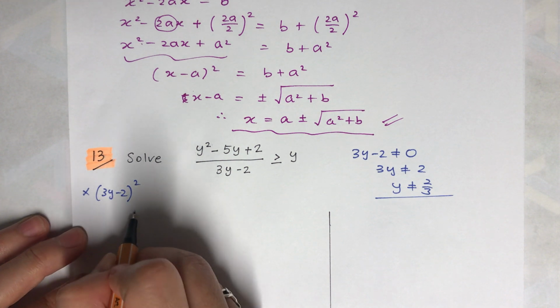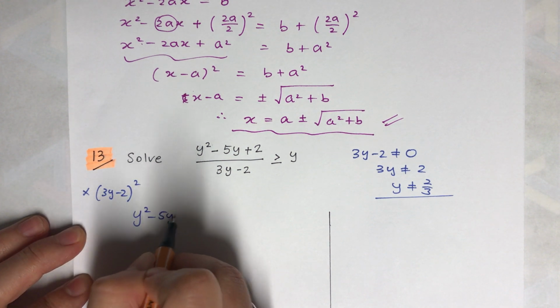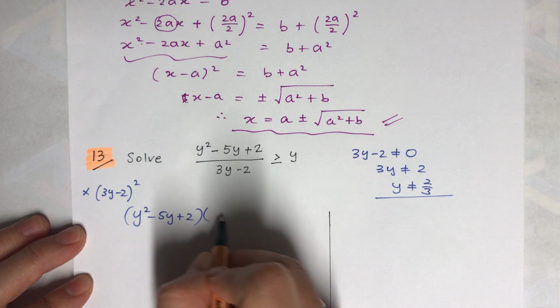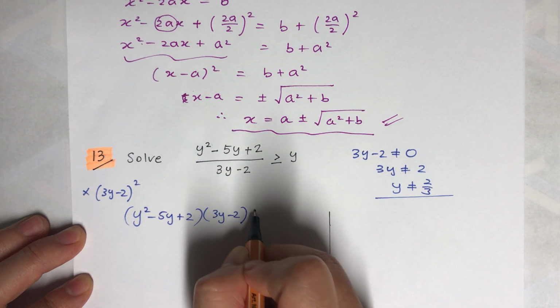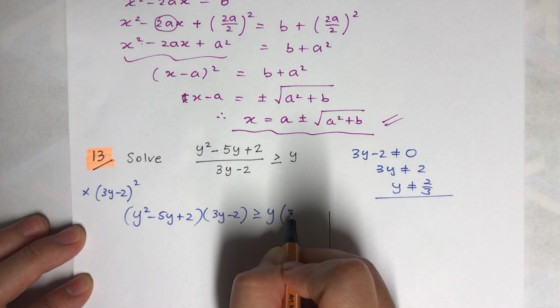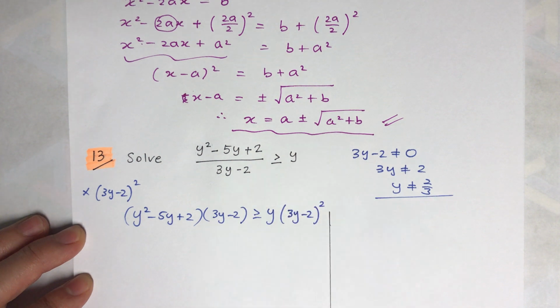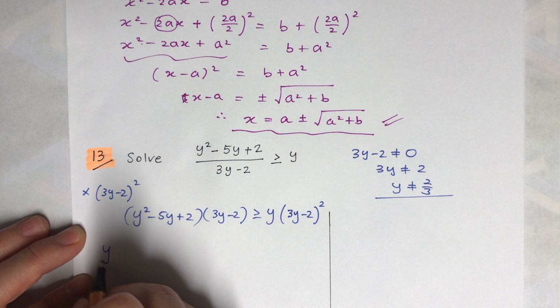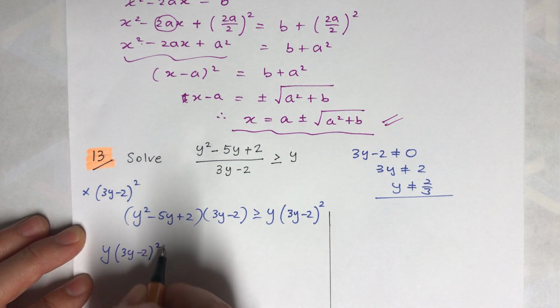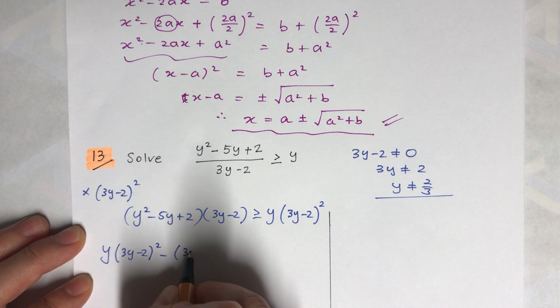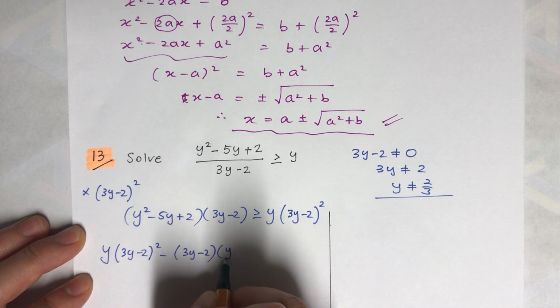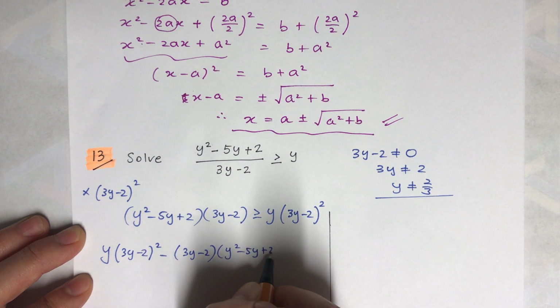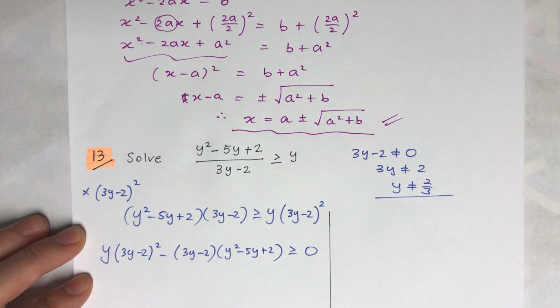So if I do that, I'm left with just one of them, y, like that. And then I'm going to move this one to the other side, minus, like that.